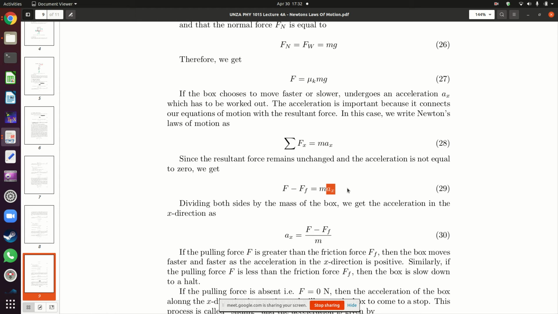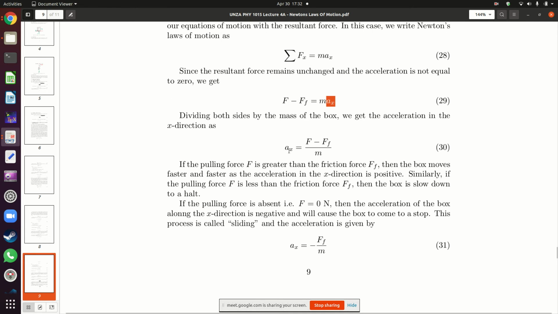So for us to get the acceleration, you just divide both sides by m. If you do that, you end up with ax is equal to F minus Ff divided by the mass.